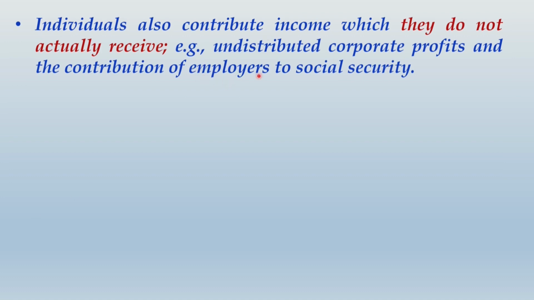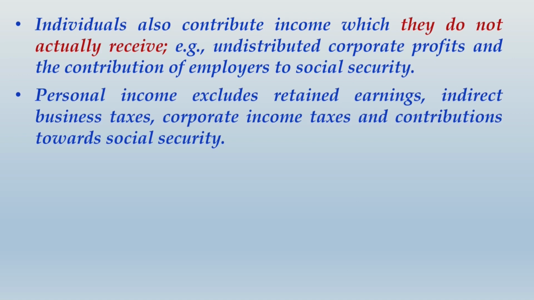So employers, on behalf of their employees, make a contribution to government, that is contribution of employers to social security. When you count the income of the employee, you may consider this as part of their income, which could be taxable income for them, but they never received this money, right? So this should not be considered when you are determining the personal income. So personal income excludes retained earnings, indirect business taxes, corporate income taxes, and contributions towards social security.